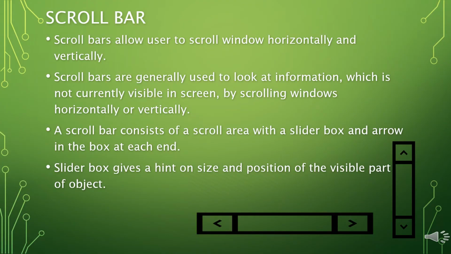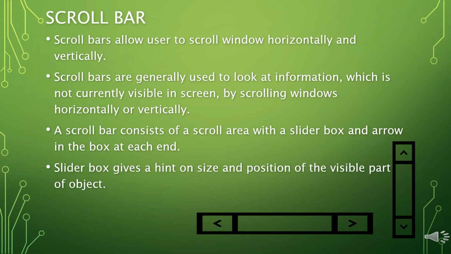The next component is scroll bar. Scroll bars allow the user to scroll the window horizontally or vertically. Scroll bars are generally used to look at information which is not currently visible on screen by scrolling the window horizontally or vertically.